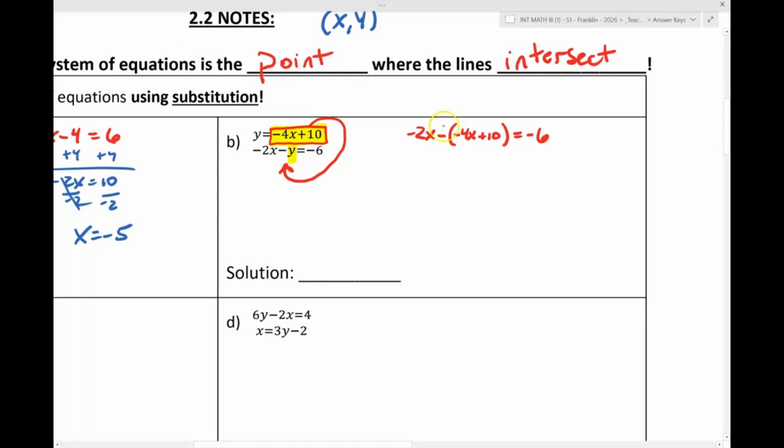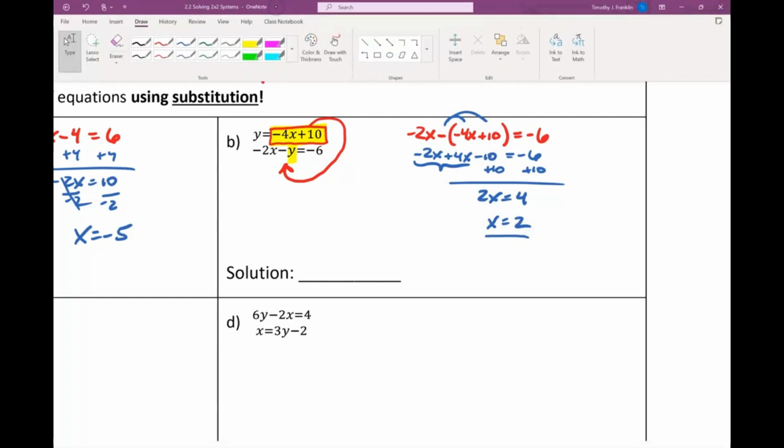So first we'll distribute the negative 1 here. So negative 2x plus 4x minus 10 equals negative 6. We can combine some like terms. We'll also add 10 to both sides. So we've got 2x equals 4, which means x equals 2 when you divide by 2.